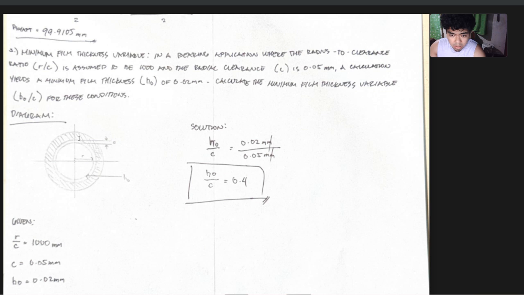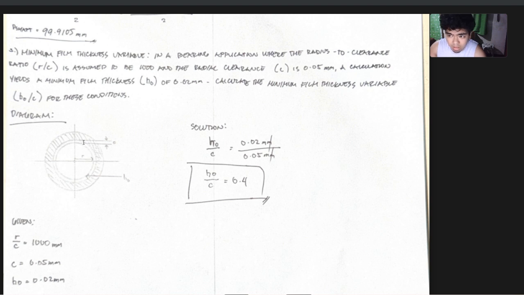So for this diagram, the bearing. This is the radius inside the hole. Here is the minimum film thickness.